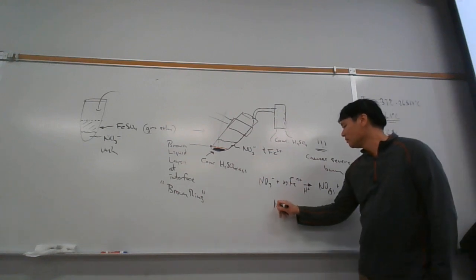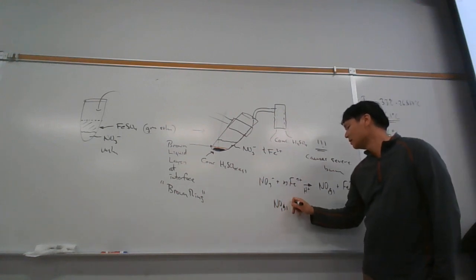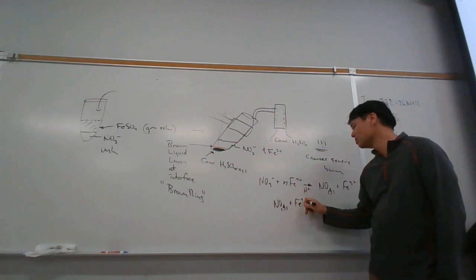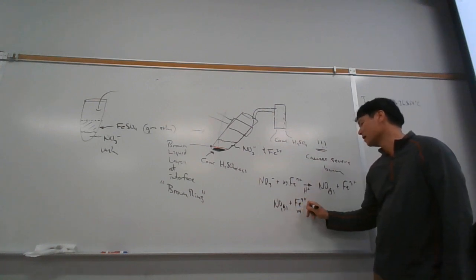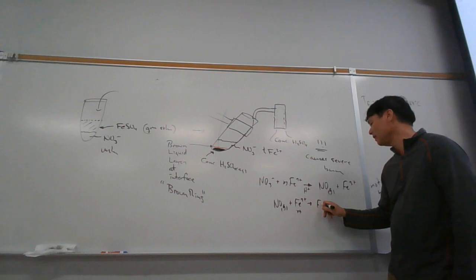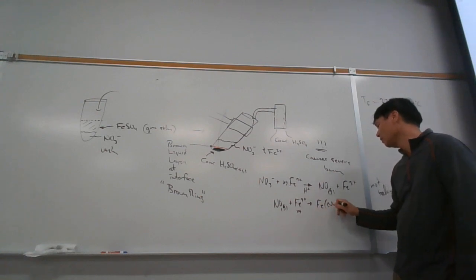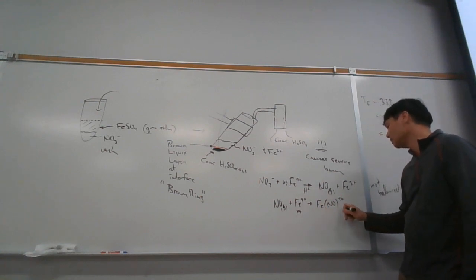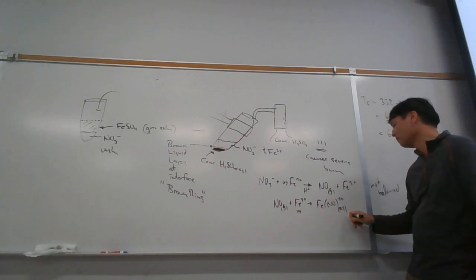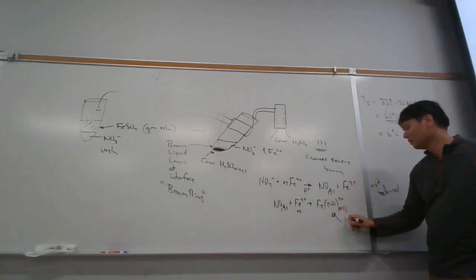Then the NO gas combines with some iron 2+, this is in excess, and forms FeNO 2+ aqueous. This is the brown layer.